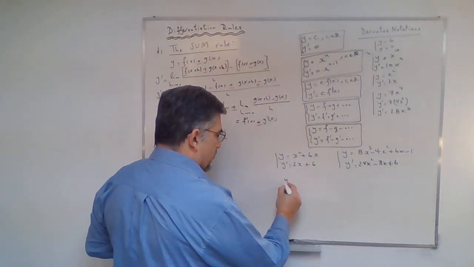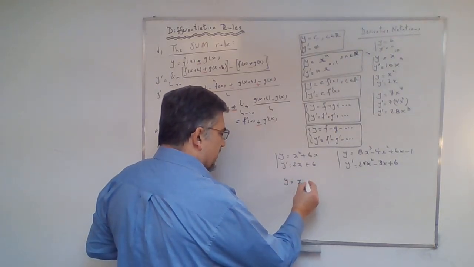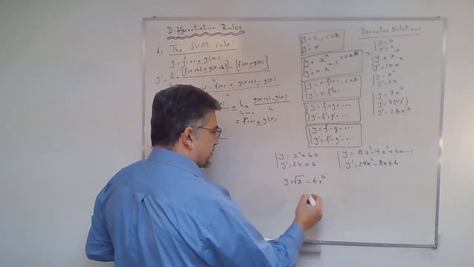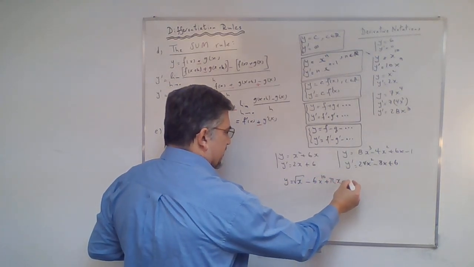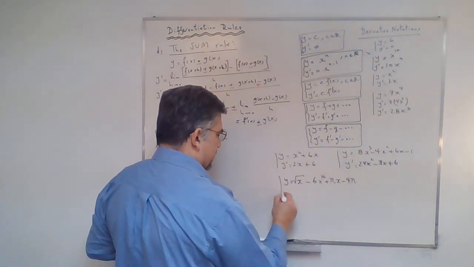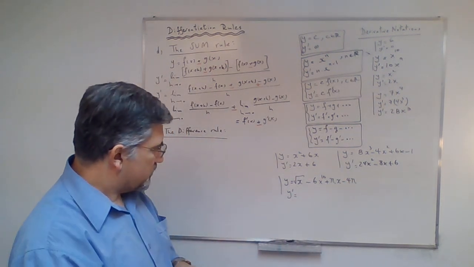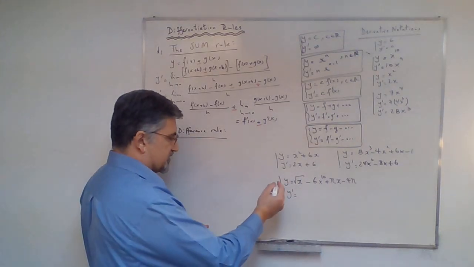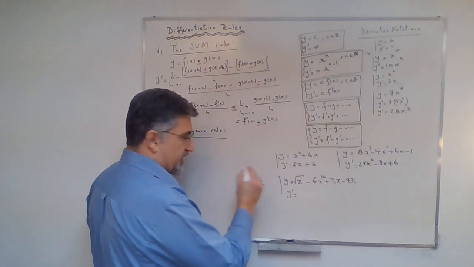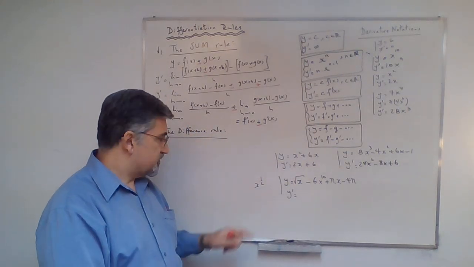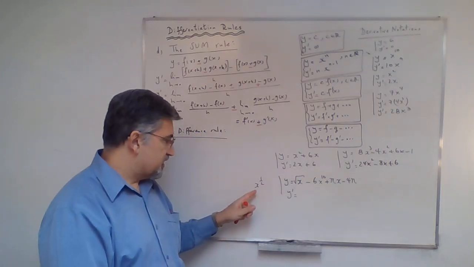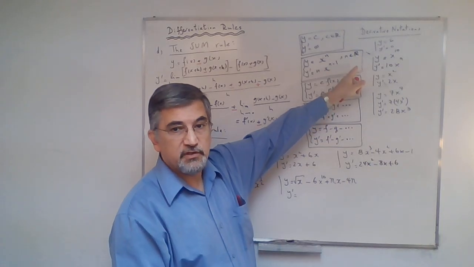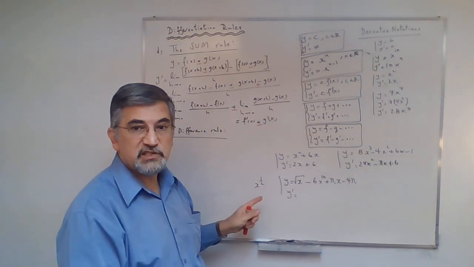Derivative of all the constants is 0. I'll give you more examples. y equals square root of x, minus 6x to the 10, plus pi x, minus 4 pi. Here we have square root of x. You know that square root of x can be written as x to the power of 1/2, right? Then we can apply the power rule. The exponent is 1/2. We said that n can be any real number, including a fraction, such as 1/2.